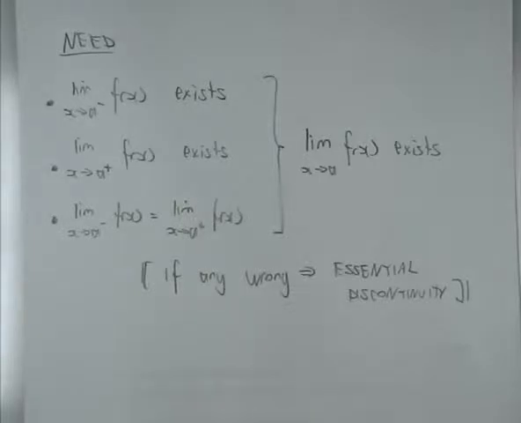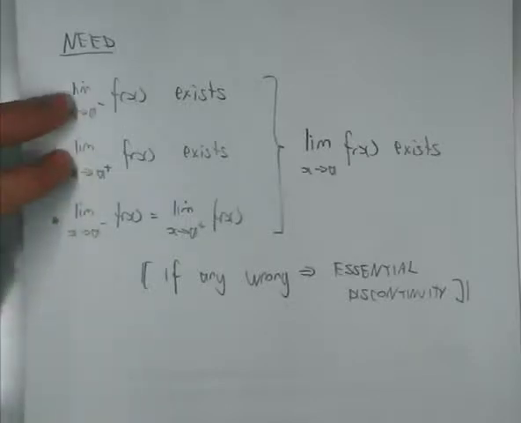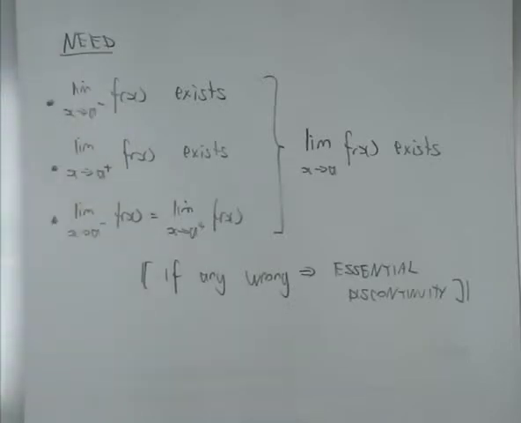Yep? I was reading the textbook. Is there different types of essential discontinuities? Technically yes, but they don't mention them in your lecture notes, so we don't really care. It depends on the way that the limit doesn't exist. If one of these 2 limits doesn't exist, meaning it shoots off to infinity, it's an infinite essential discontinuity.